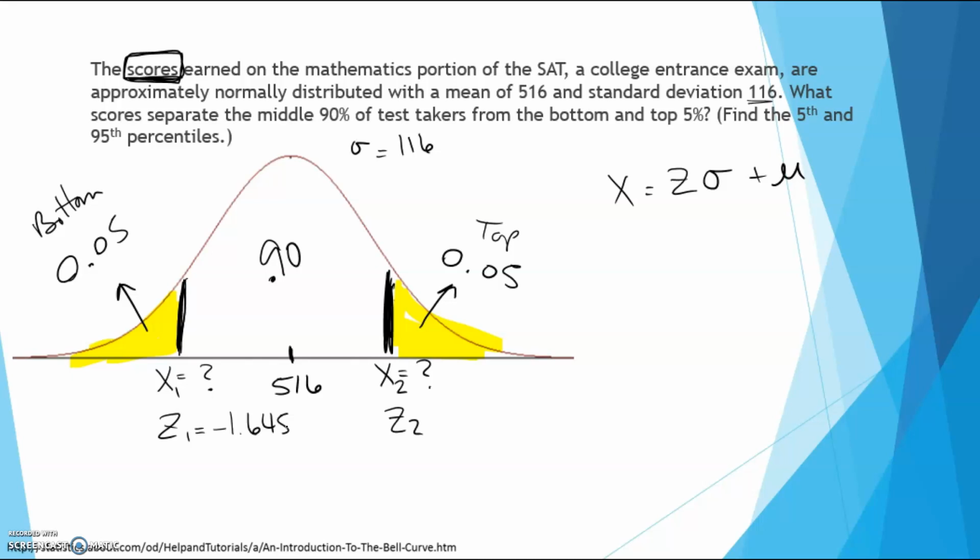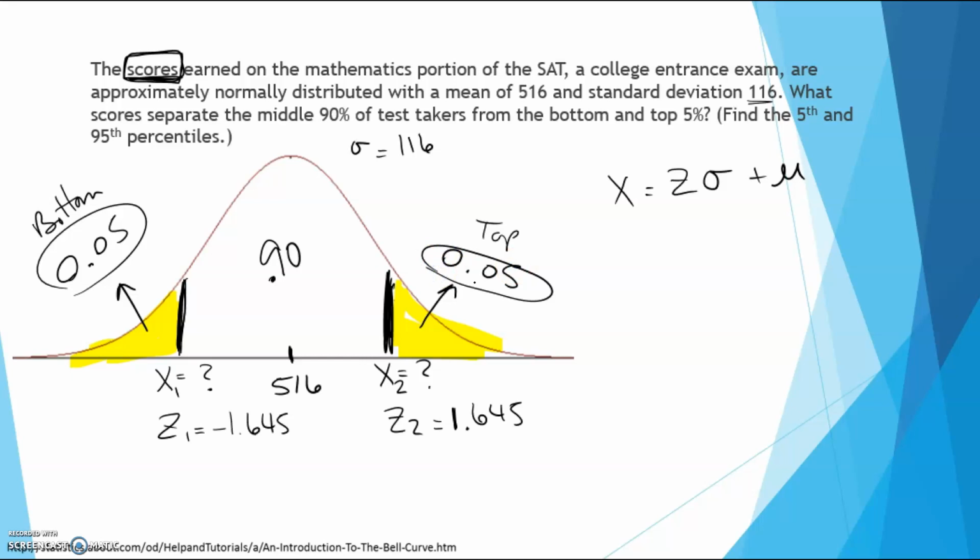Now we could say, since the normal distribution is symmetrical, this z-score is just the positive version of what I just found, because our areas are exactly the same on either side.